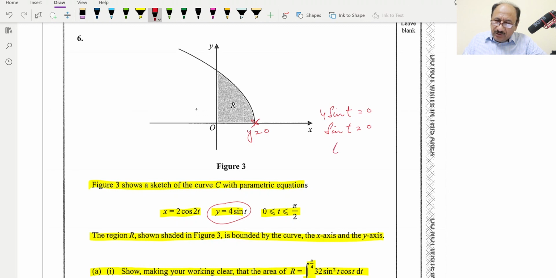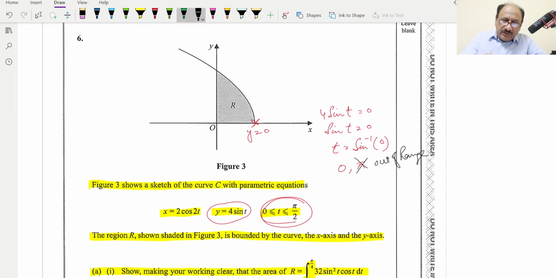So t will be the inverse sine of 0, and sine is 0 for which values? 0 and pi. Pi is out of range, so we will reject this pi and write out of range. We will be taking the value t is equal to 0.